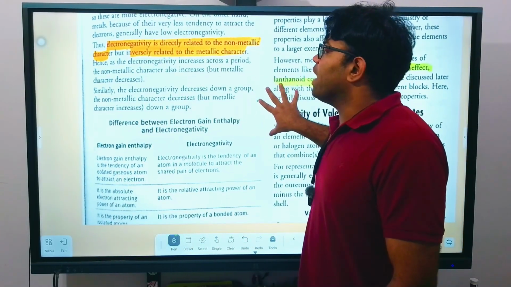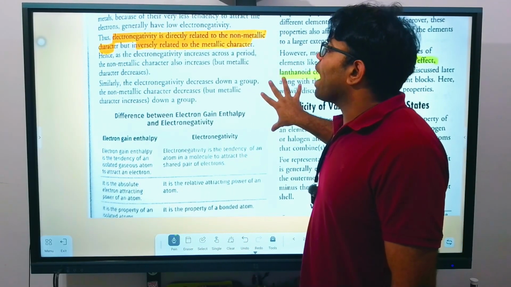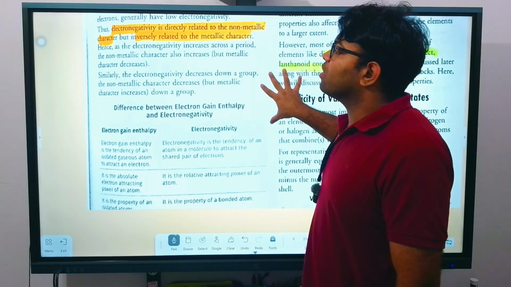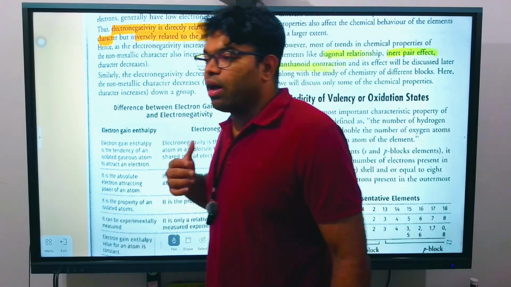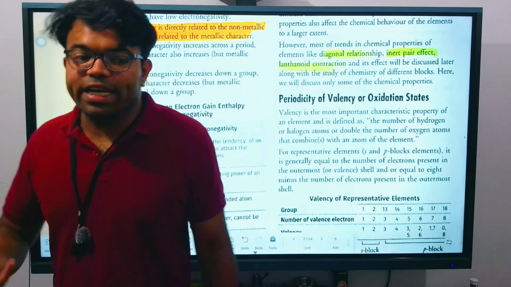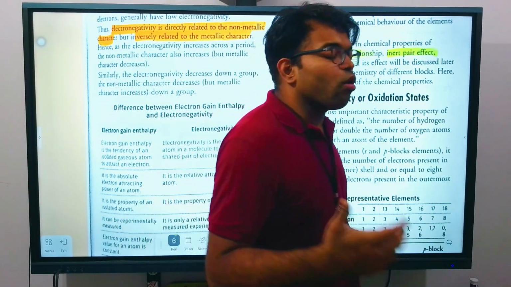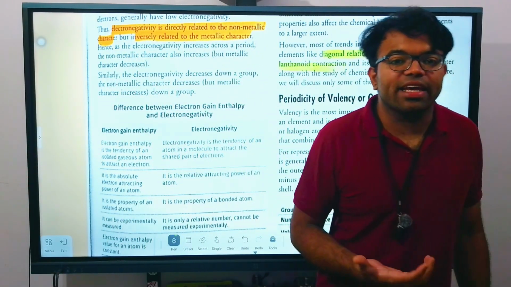Hence, as electronegativity increases across a period, the non-metallic character also increases. So if an element is more electronegative, we can say that it is also more non-metallic in nature.